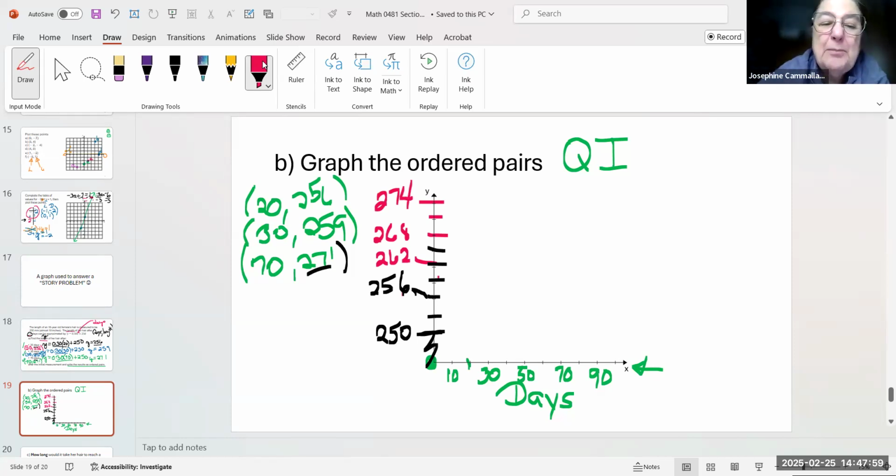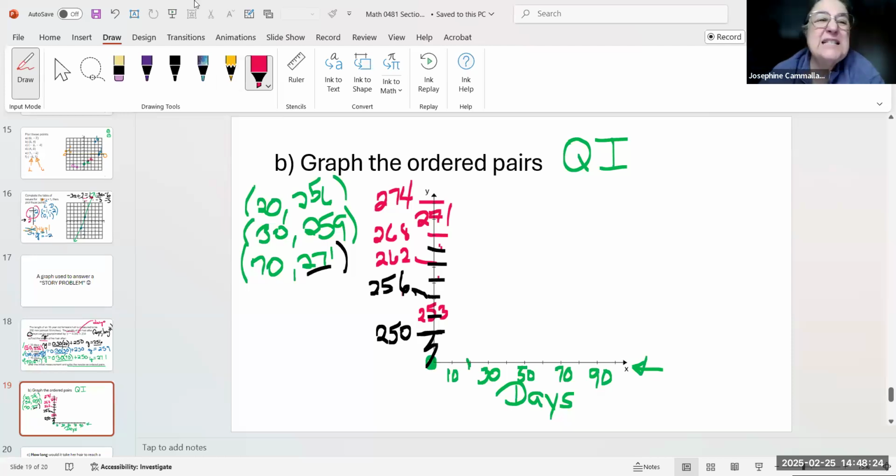I went up by 3. This was 253. This is 259, 265, 271. Okay, so this is my 271 mark.